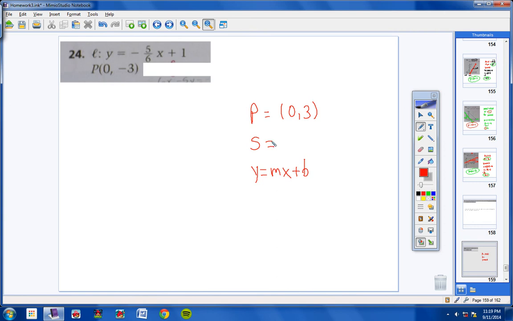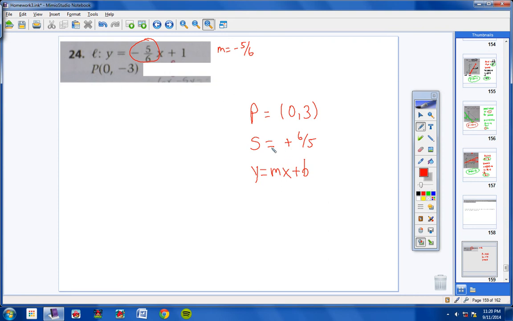Now, they don't give us the slope of the line that we're looking for, but however, look at this. They give us the slope of the perpendicular line. So the slope of the line that's perpendicular to the line we're looking for is negative 5/6. So if the slope of this line is negative 5/6, then the perpendicular slope would be, change the sign, positive, and flip it, 6/5.